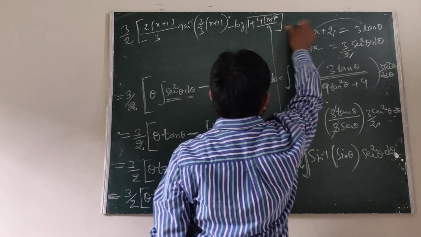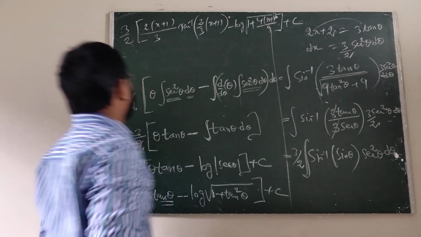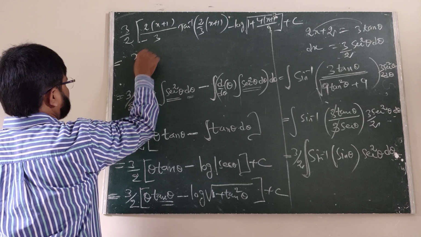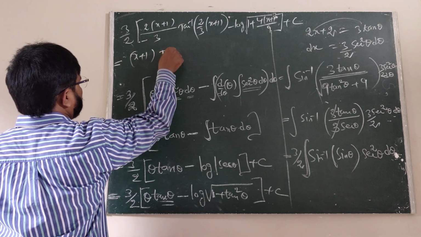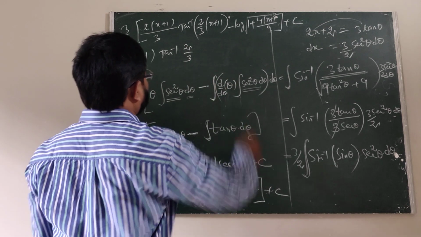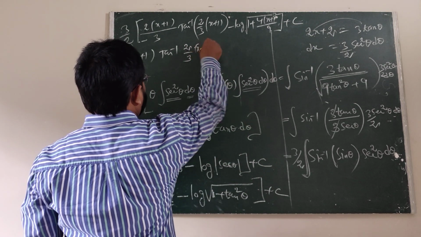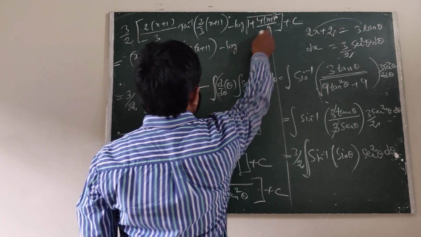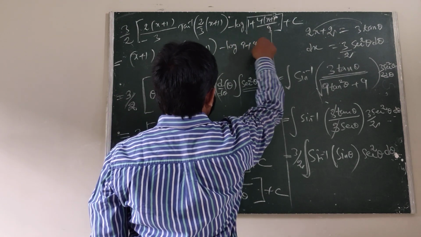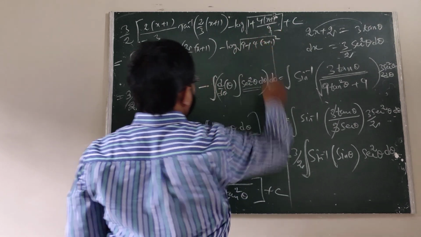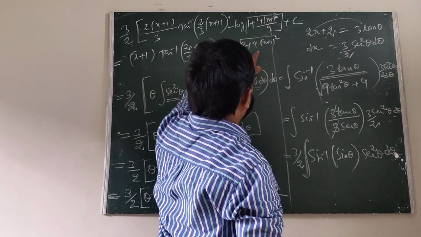Finally, we take the integral constant as c. Now this is multiplied with 3 by 2. 3 cancels, 2 cancels. x plus 1 into tan inverse of 2 by 3 into x plus 1, minus log mod of 9 plus 4 into x plus 1 whole square, then the root of 9 is 3.